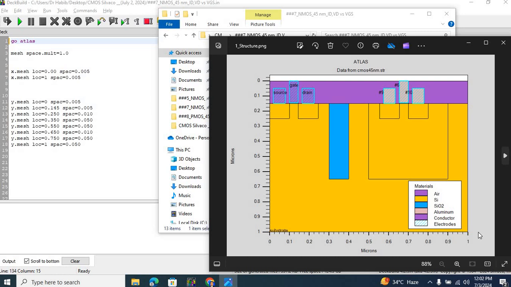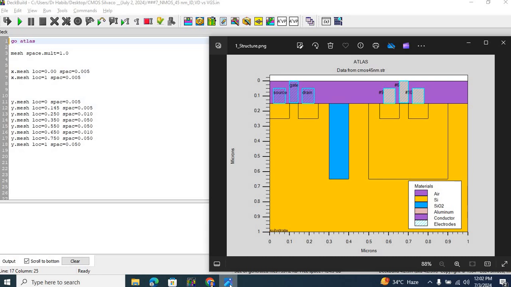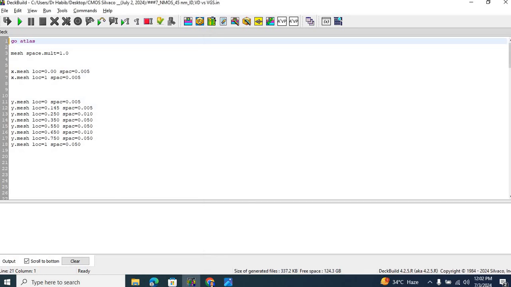So you can say it's a 1 micrometer by 1 micrometer by 1 micrometer structure. The first thing we do is meshing. So I have defined meshing in X direction and also in Y direction for the same structure. Here is the meshing. I don't want to go into the details of the meshing.